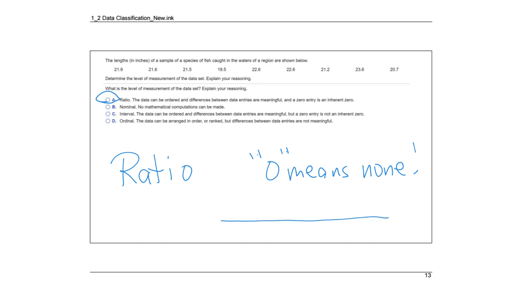On the number line, you would have the 0 here. You would have fish's lengths this direction, but you cannot have negative.